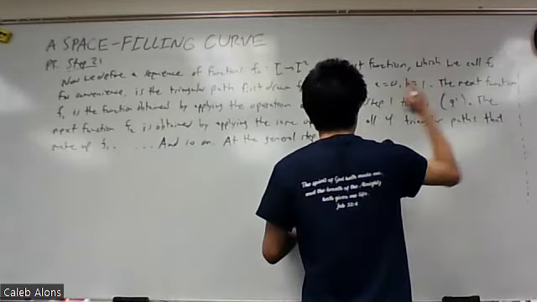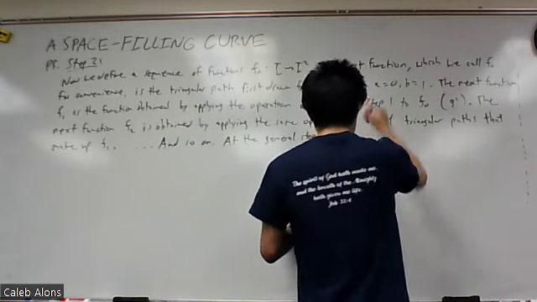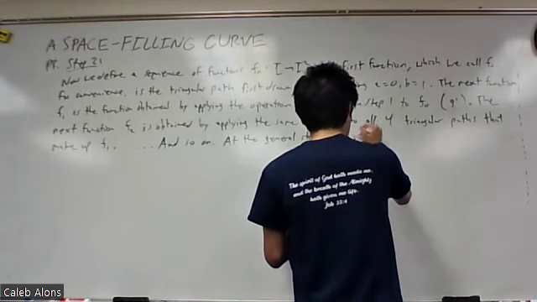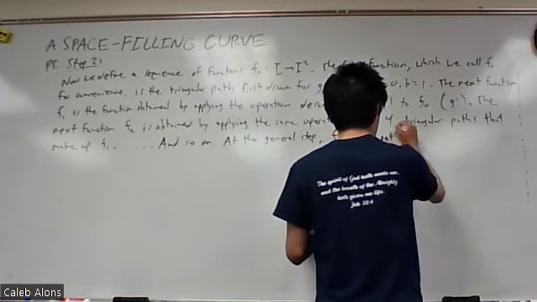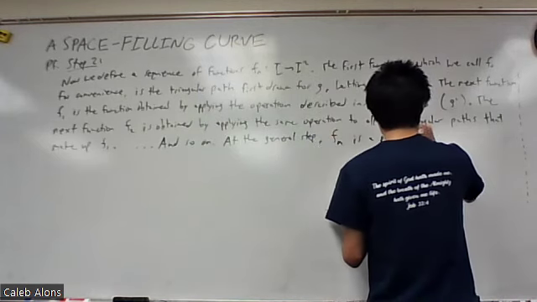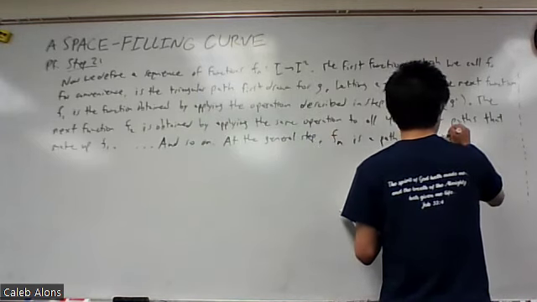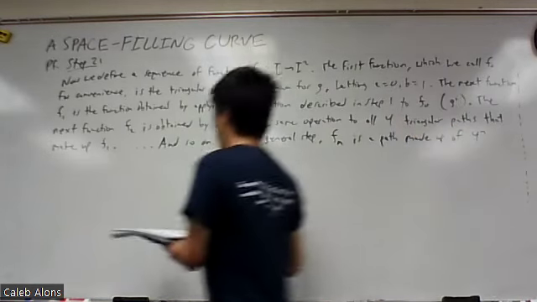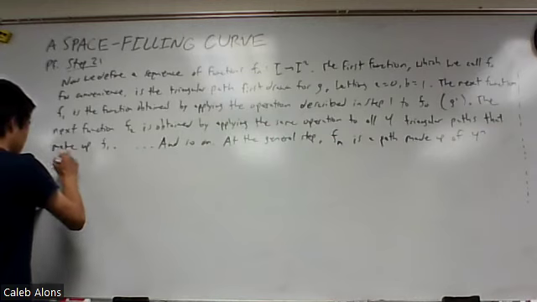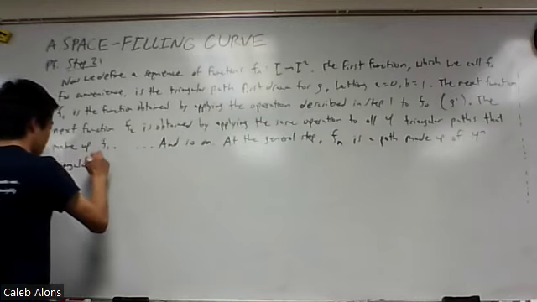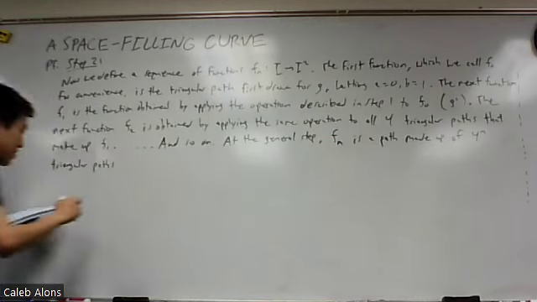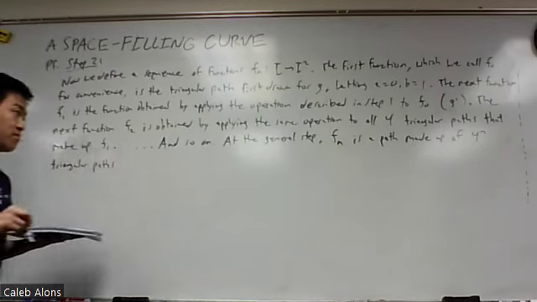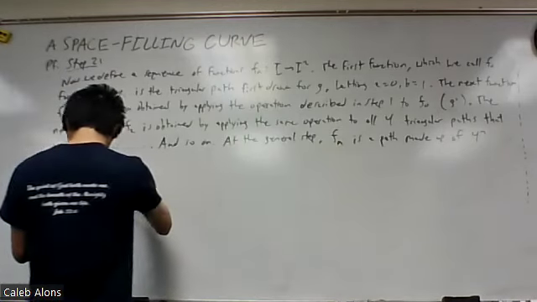The nth one, the nth time that we've changed the path, is a path made up of 4 to the n triangular paths. Because every single time we did the operation, we multiply everything by 4, over and over again.